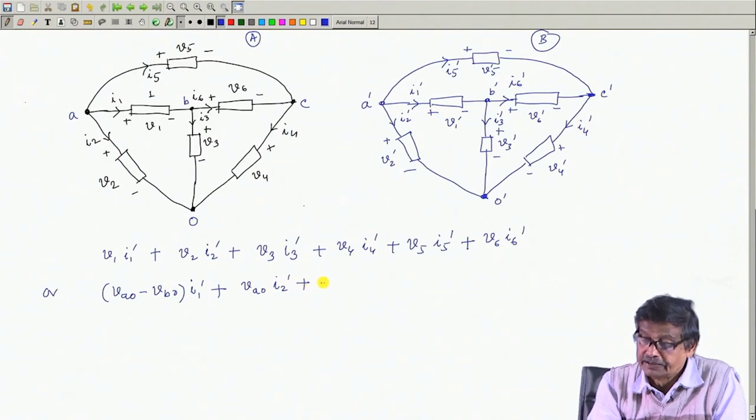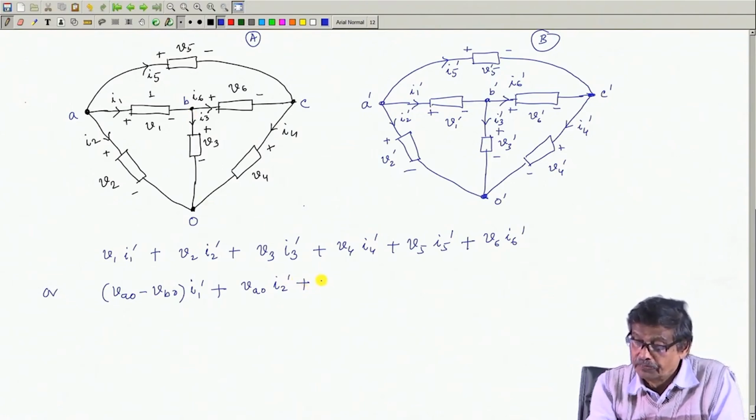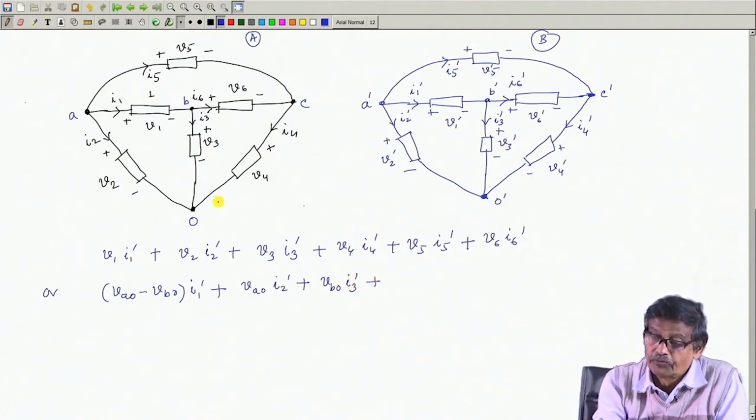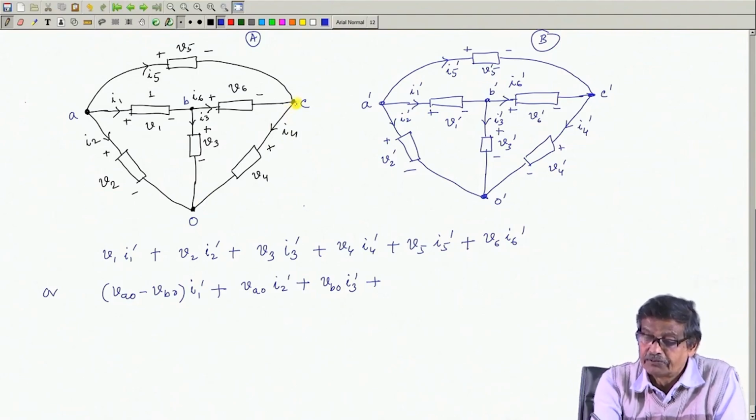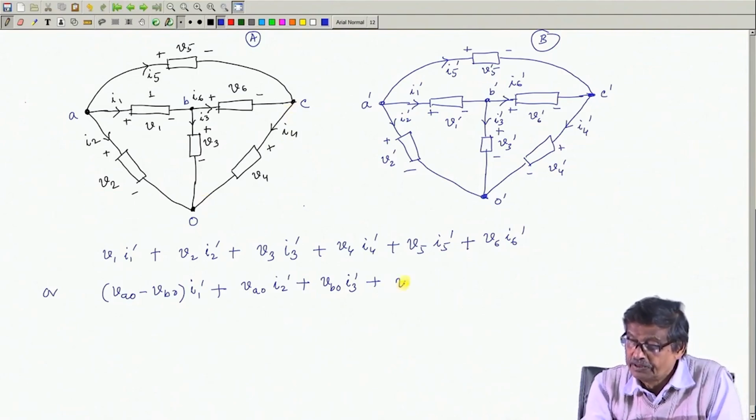What is V3? V_B0 into I3 dashed, plus what is V4, voltage across element 4, is nothing but V_C0 into I4 dashed.